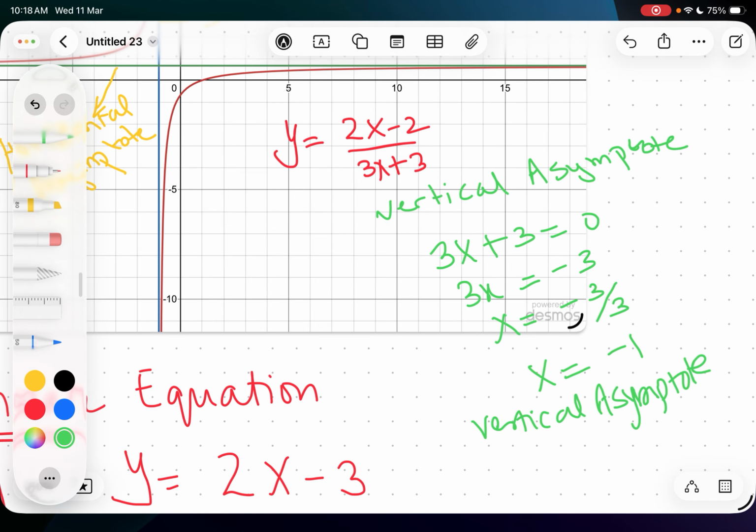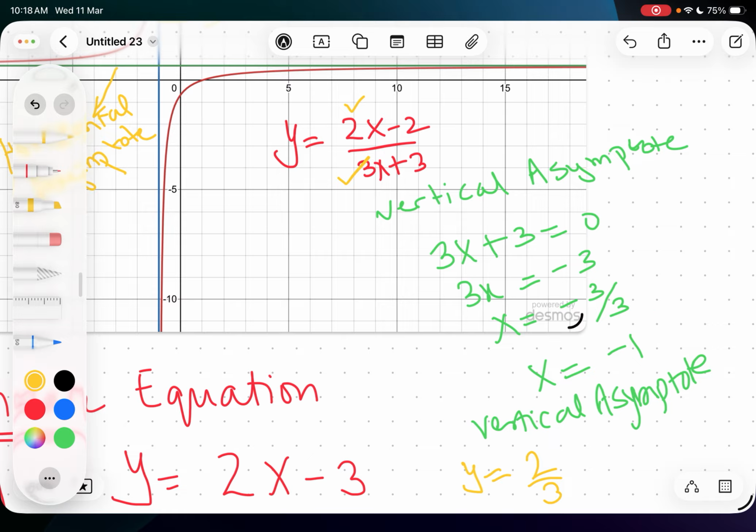And finding the horizontal asymptote is also a bit of an easier concept. You look at the coefficient of the numerator and the coefficient of the denominator, and you just write them as a fraction. So the horizontal asymptote is going to be y is equal to 2 over 3.